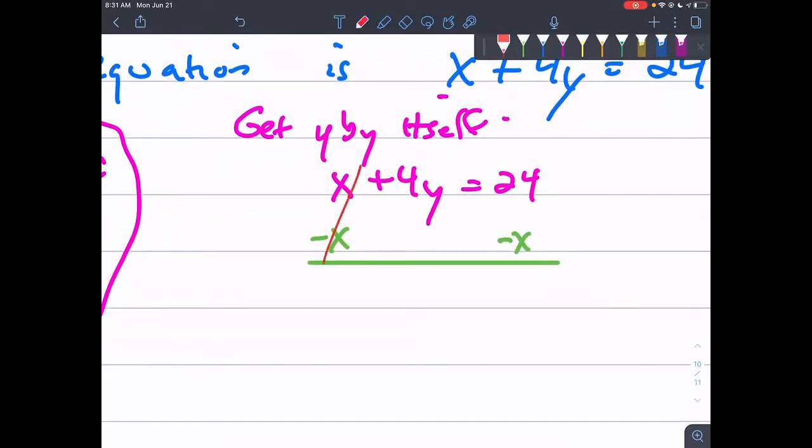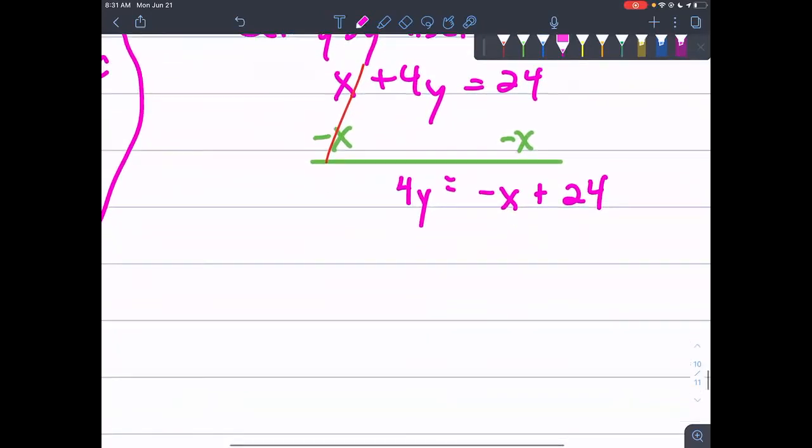So x is gone from the left. We've got 4y all alone over there now. I'm going to put the x first, so negative x plus 24. Positive 24 there. And then still want to get y by itself. I'm going to divide by 4.